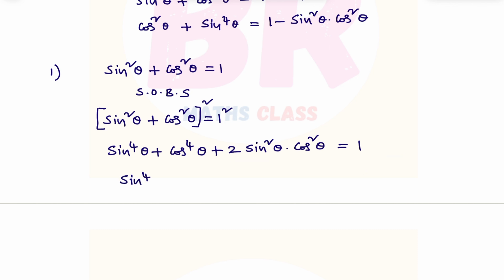Then what you will get: sin^4 theta plus cos^4 theta equal to 1 minus 2 sin^2 theta into cos^2 theta. That's it. We proved the first result. I recommend you remember it as one trigonometric identity so that problems can be solved in a bit faster way.